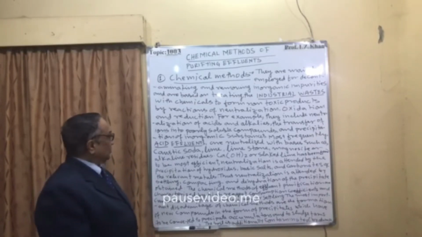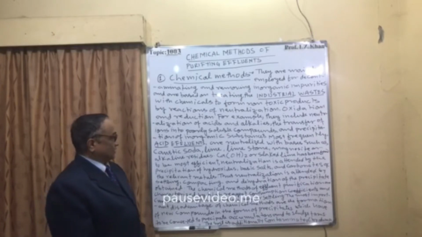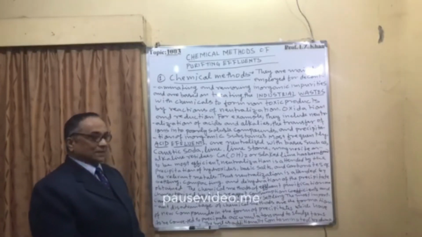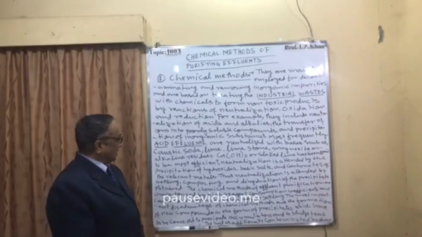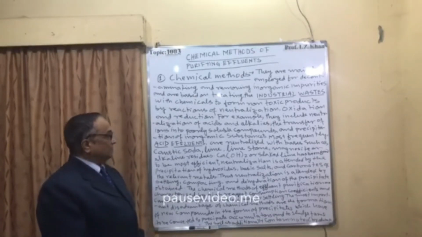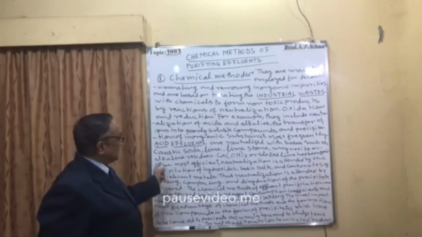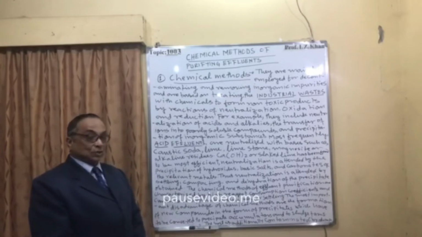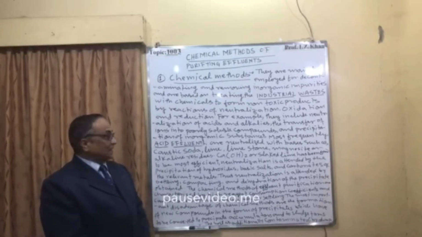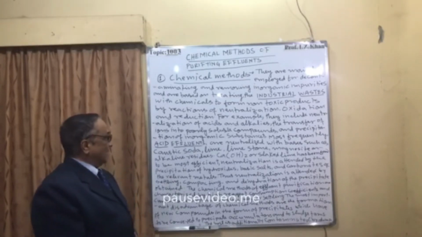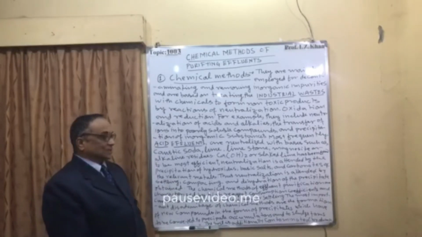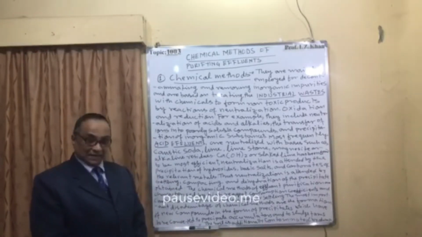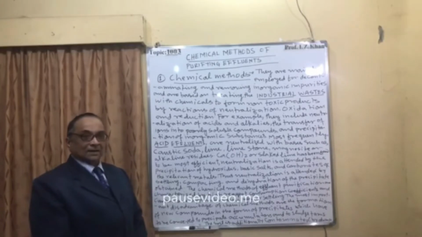Most frequently, acid effluents are neutralized with bases such as caustic alkali or caustic soda, lime, limestone. These three are very important chemicals used to neutralize acid effluents: caustic soda, or we may call it caustic alkali in general, lime and limestone.